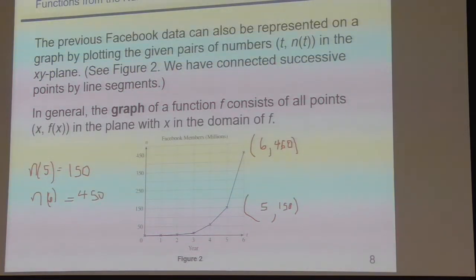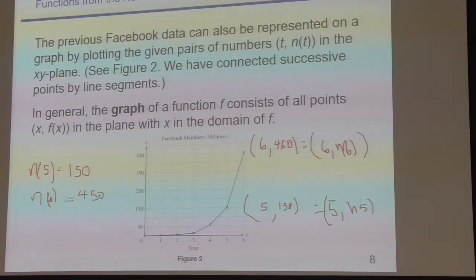So instead of writing this, I could write (6, N of 6), because N of 6 means 450. And instead of writing this, I could write (5, N of 5).